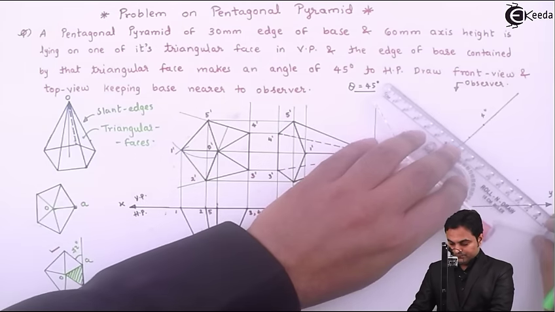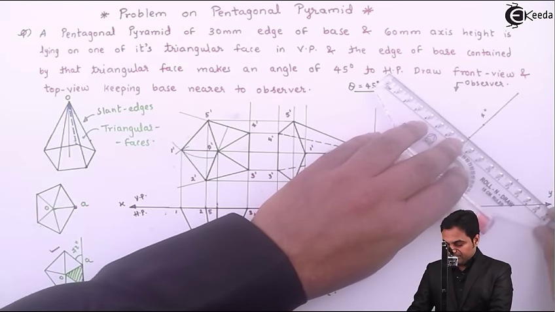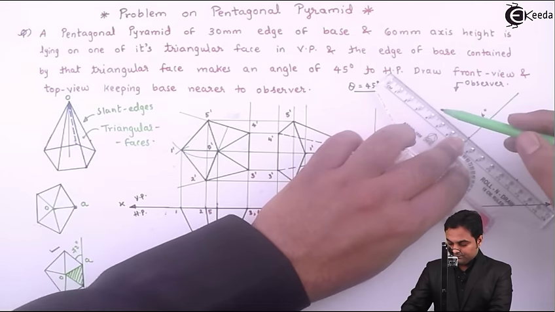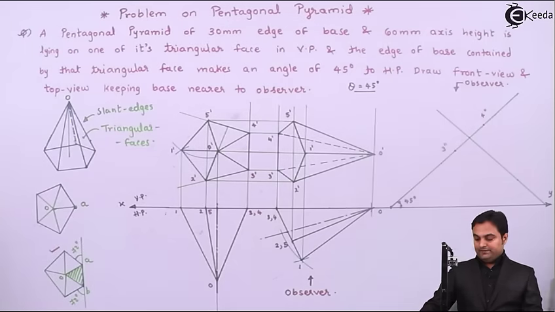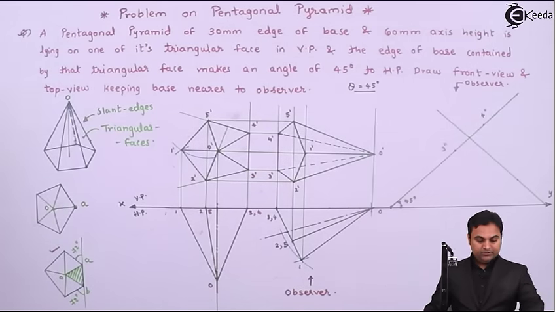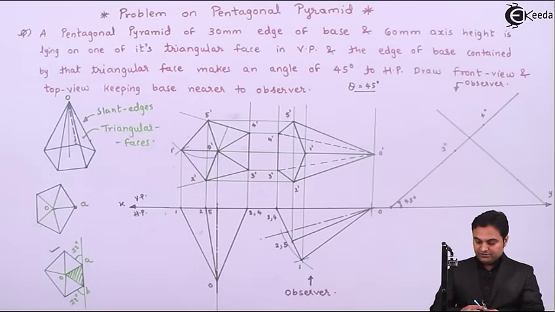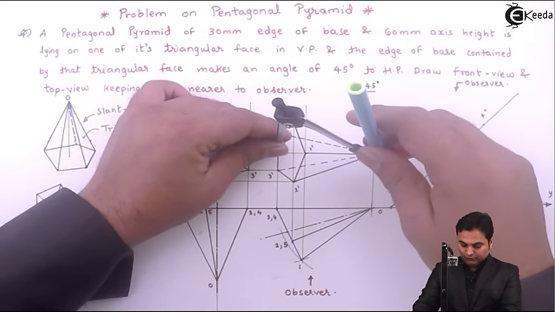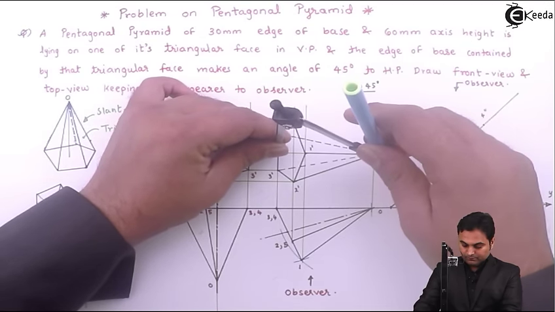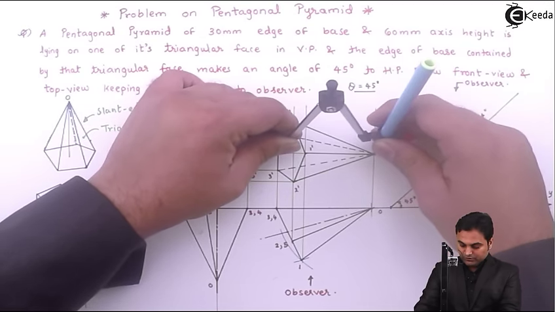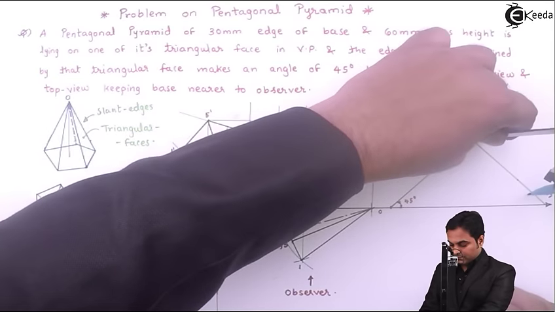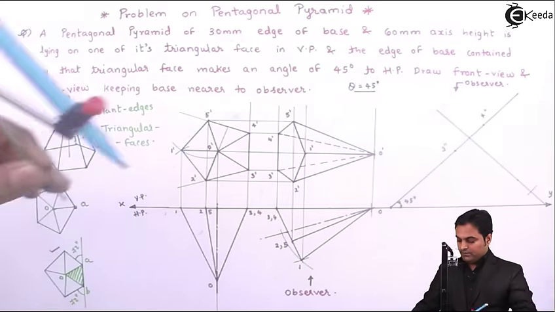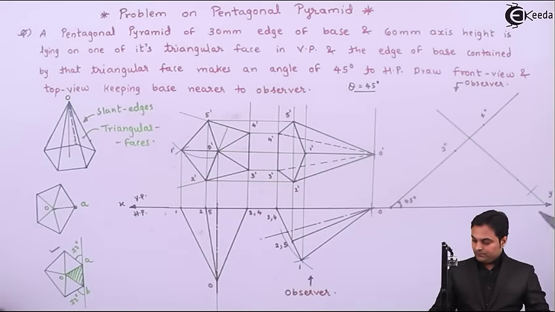Joining it with the help of light line. Now I need to copy this entire pyramid here. So for that I'll measure the distance from this edge 3 to 4 up to the apex point O dash, marking it here. That gives me the apex, which is O double dash.